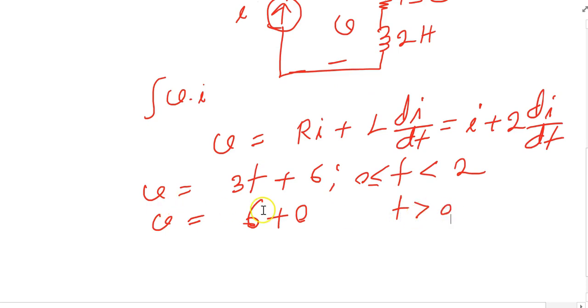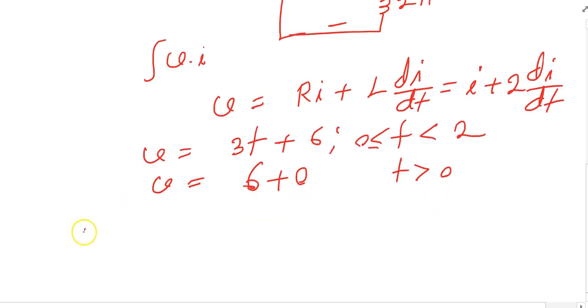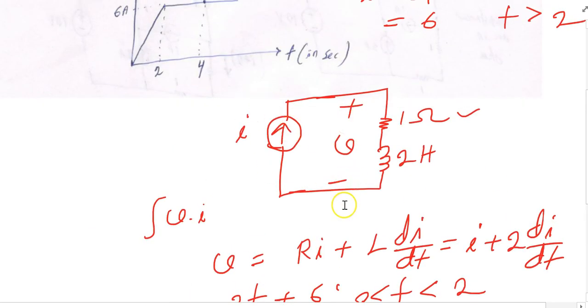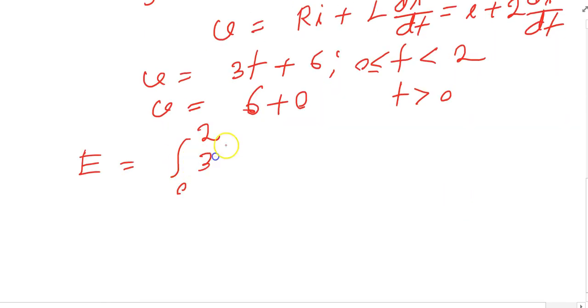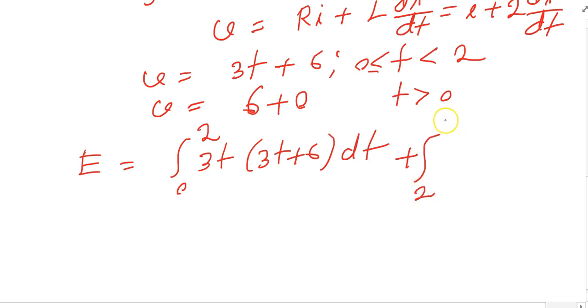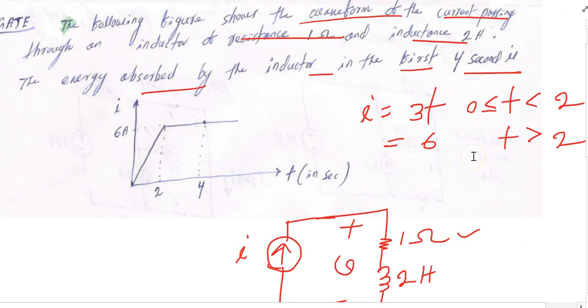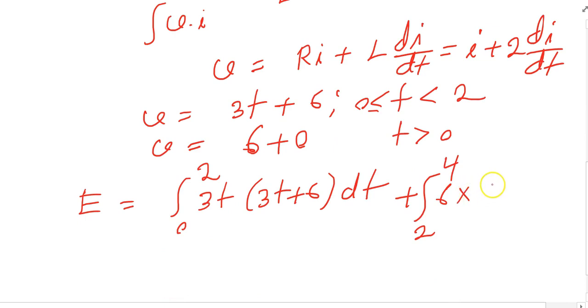Now we have V and I, so we need to find the energy. As per the relation, energy is the integral from 0 to t of V I dt. From 0 to 2, I is 3t and V is 3t plus 6, dt, and from 2 to 4, because up to 4 seconds, I is 6 and V is also 6, dt.